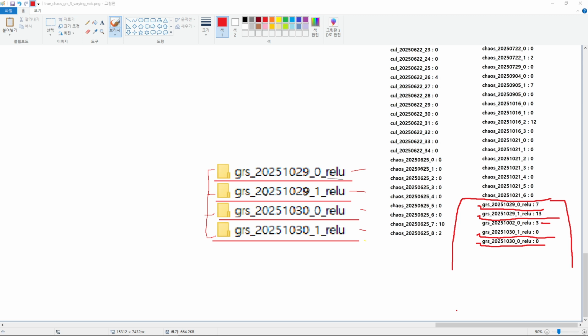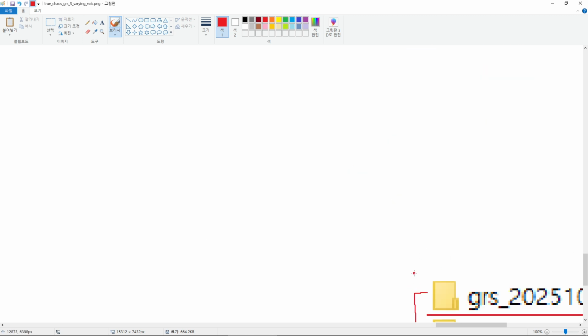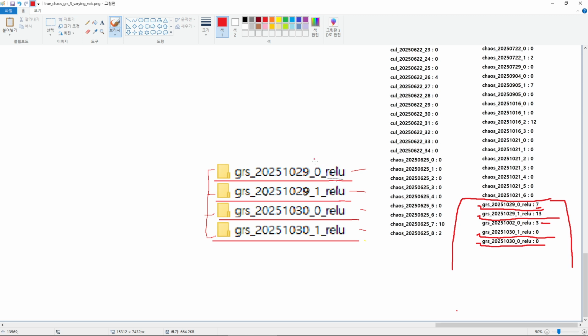So from the first grid search attempt, I got 7 unique true ceiling chromosomes, which, if you remember, both the utility values and constraint values were varying.